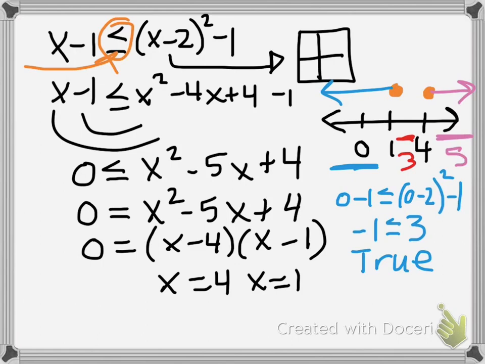Okay, and then I need my algebraic solution. So before we had one that was in between. This one we have 2 different sections, so we write them separately. We say x is less than 1, or, and you do have to write the word or, x is greater than 4. Okay, and I also need to have that equal to underneath because my original problem had that.